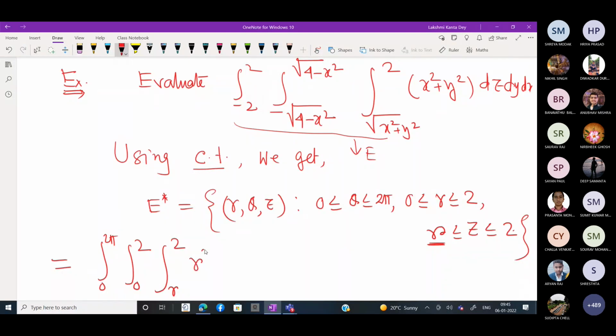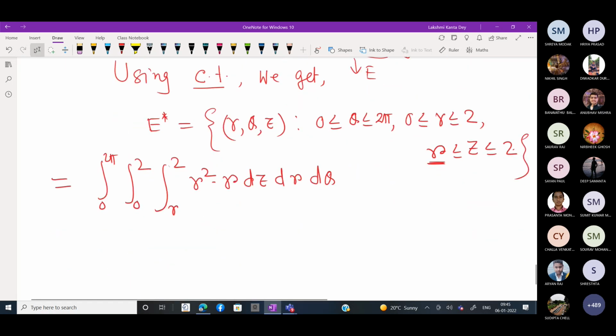This is r squared, because x squared plus y squared equals r squared, and r, and this is dz, dr. R is 0 to 2 and theta is 0 to 2 pi. Ultimately it is r cubed dz dr d theta. So what will happen? It is again 16 pi by 5. So you can check it.